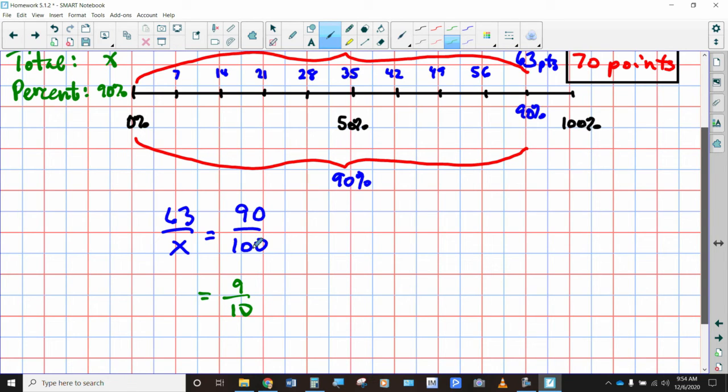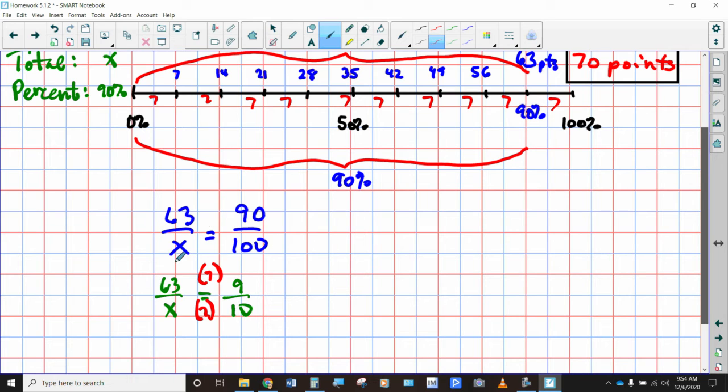And so if you write an equivalent fraction to this percent on the right side, now our giant 1 is easier to figure out because you take 9 times 7 is 63, so we'll take 10 times 7, which is 70. And this is essentially what we did in the diagram, is we based it on this simplified version to have a multiplier of 7 times 10.